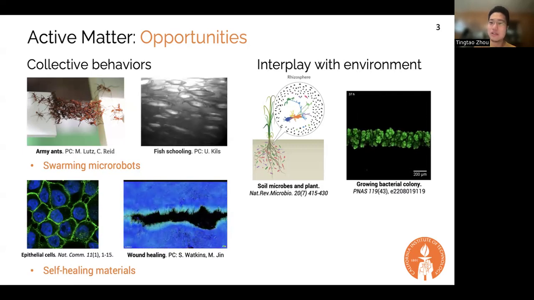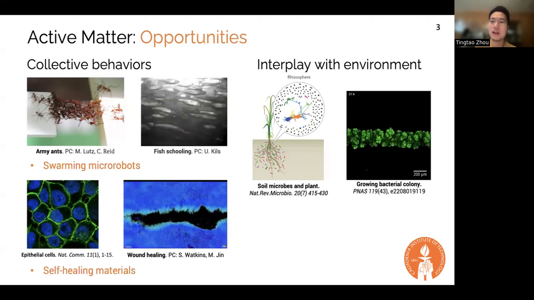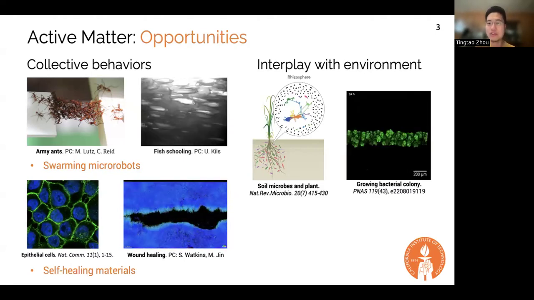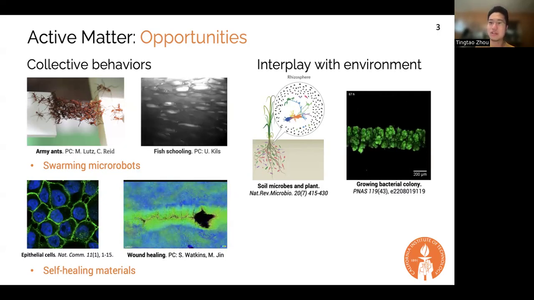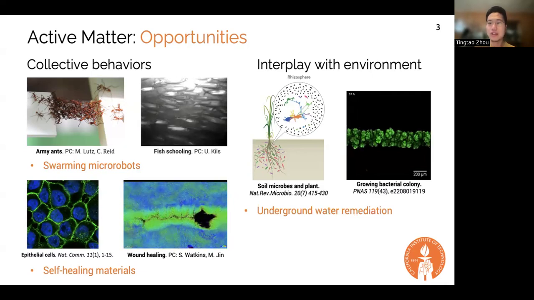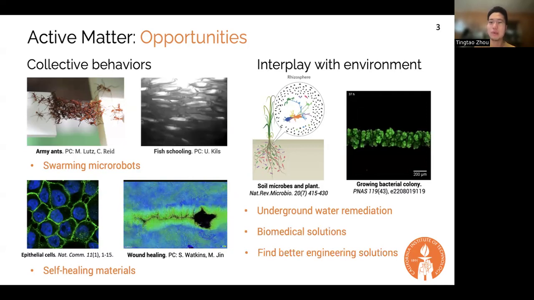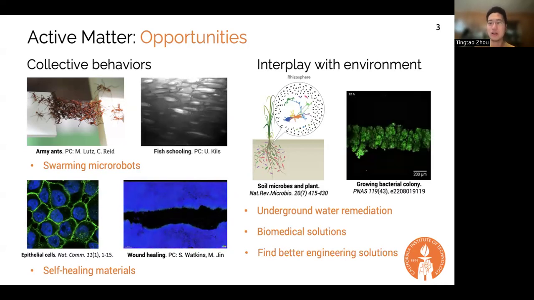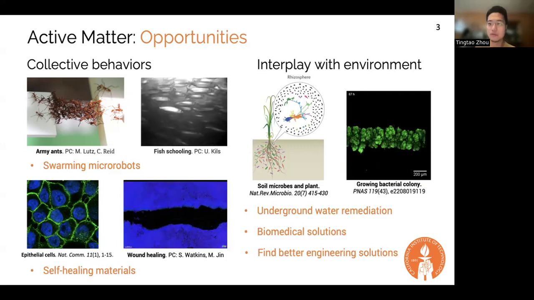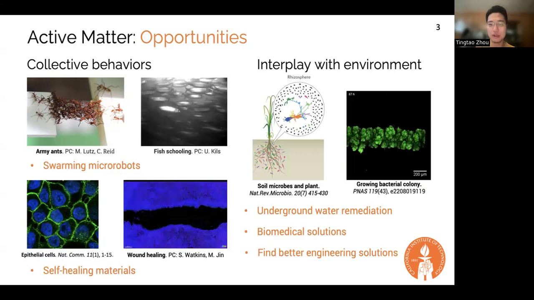Or on the other hand, we know these systems also interact with the environment through all kinds of rich interactions. And a lot of times they interact through the fluid phase, right? So if we can understand better how they interplay with the environment, maybe that will help us to find real engineering solutions to a lot of real application problems, such as the catheter problem that we're going to talk about today.